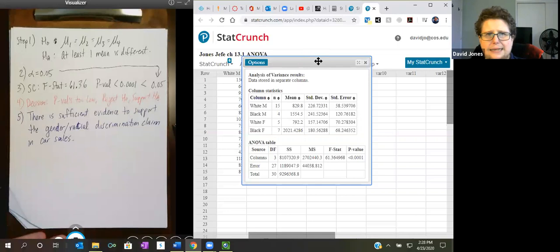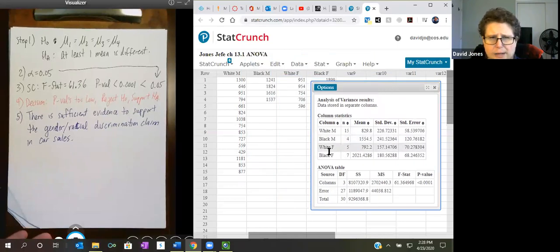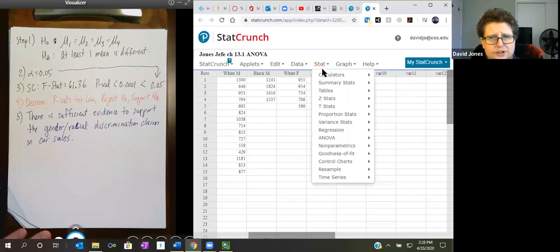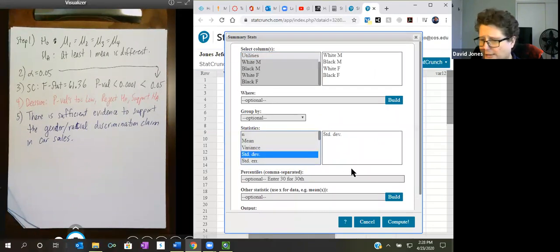What step did I skip? What did I not do? I actually need to check the variances, don't I? Those are independent groups for sure, assuming that none of these people were married or anything like that. So let's check our summary stats on these. And we're looking at standard deviation.